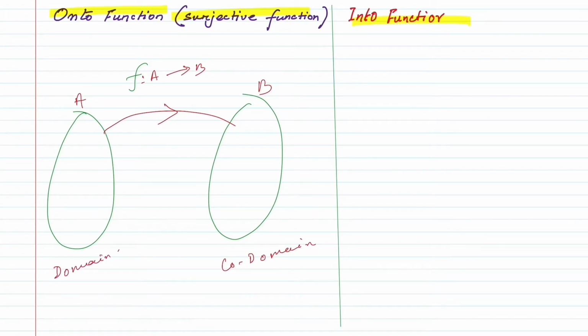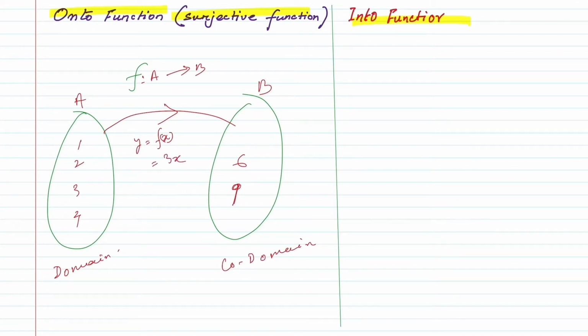Now if each element in the codomain is an image of some element in the domain, that means, suppose in the domain we have 1, 2, 3, 4, and suppose we have here 6, 9, and it is a function such that y is equal to f of x, which is equal to suppose thrice x.